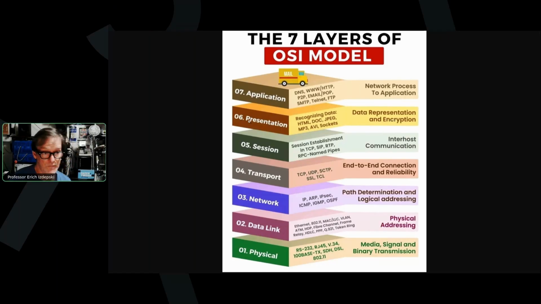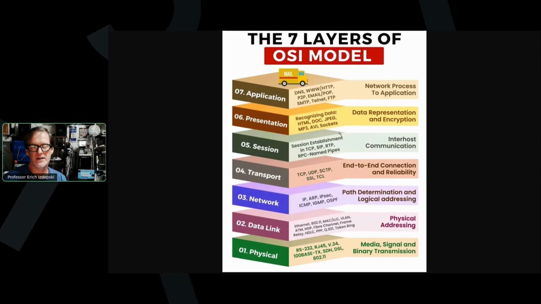Okay, presentation. Actually, here it says the presentation layer, and the description says data representation and encryption. I throw in encoding and decoding, not just encrypting and decrypting. There's more to it, and you can see that explicitly here because it says JPEG. JPEG's not about encryption, it's about encoding and decoding. Any of the images, doc files, encoding and decoding.